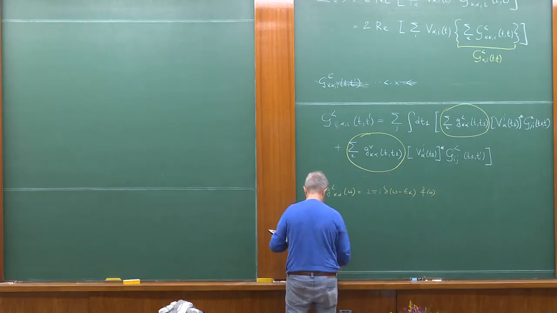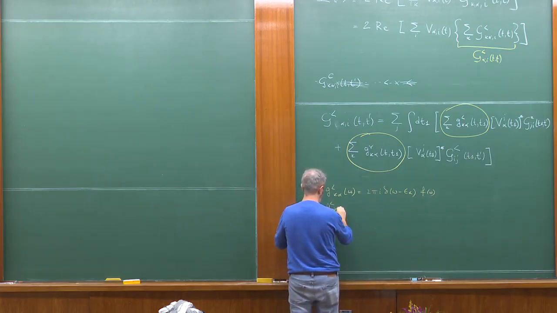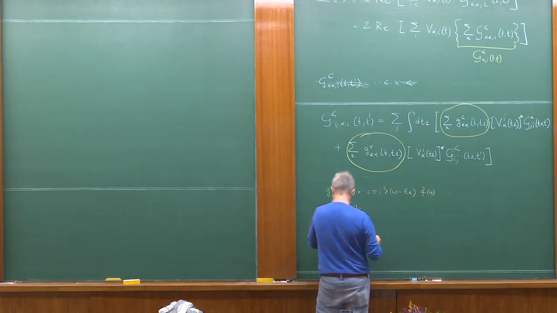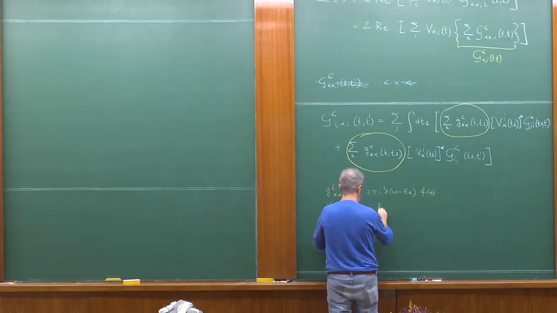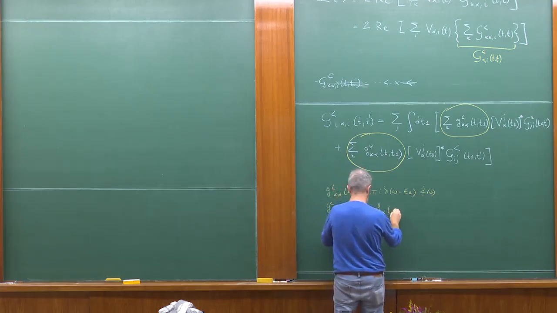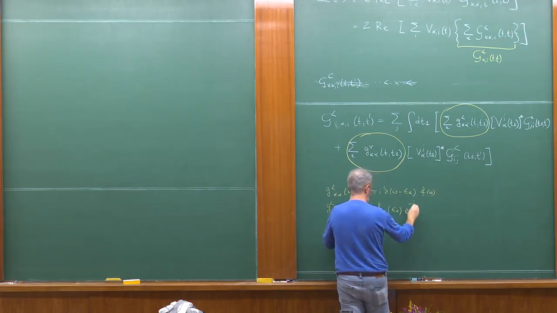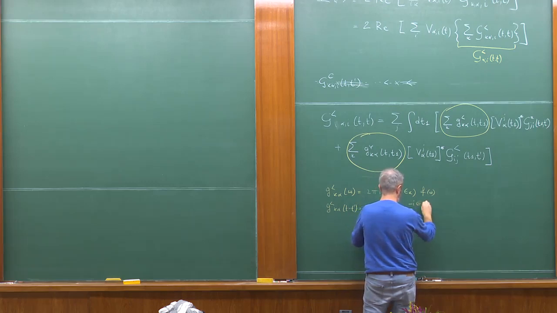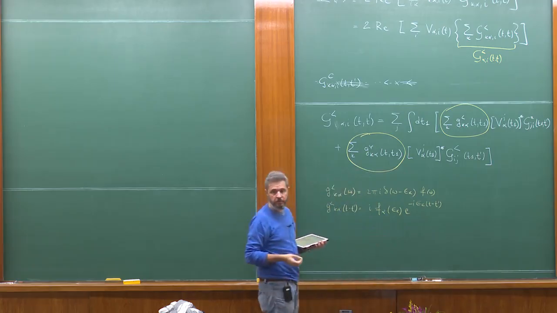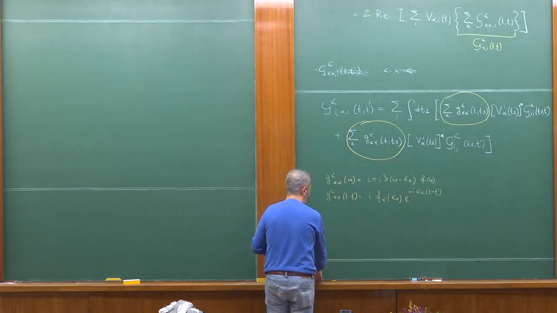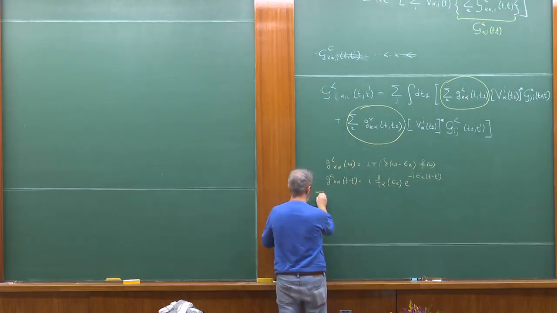So clearly, we have that G lesser_{k alpha}(t minus t'), because it depends on the time difference, is going to be equal to i f_alpha of epsilon_k times e to the minus i epsilon_k (t minus t'). This is what you get if you take the Fourier transform of this, right? And now we're interested in taking the sum over k of this.